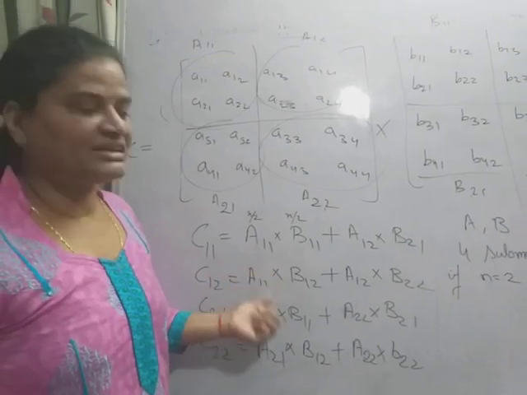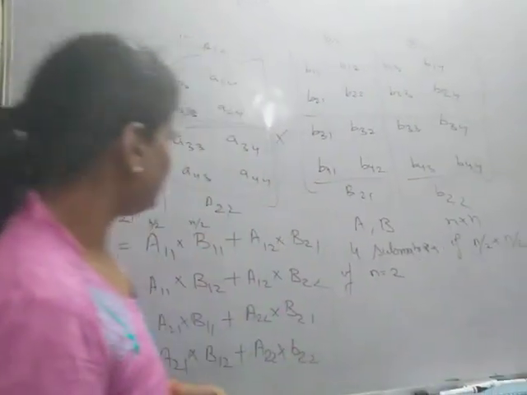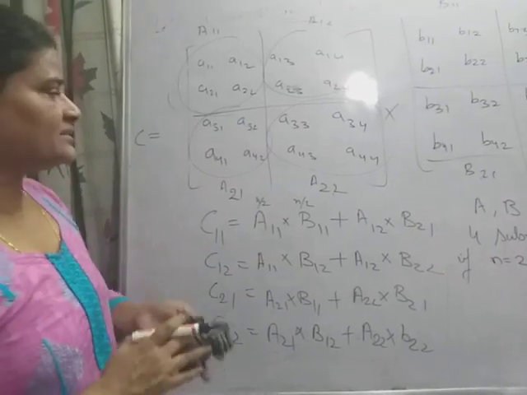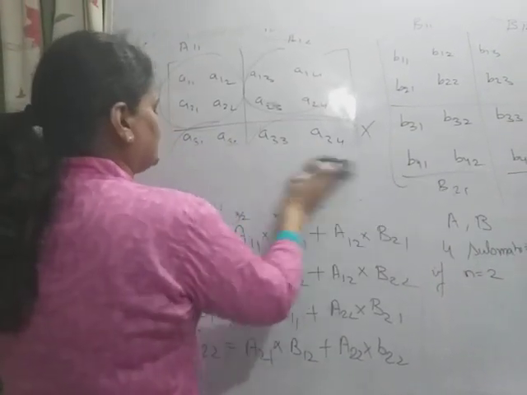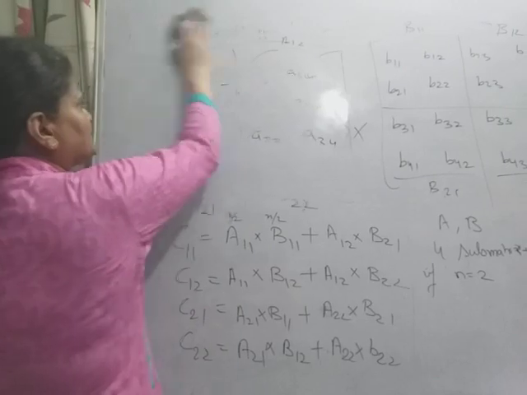So if we apply this, the recurrence relation for this simple divide and conquer approach gives the running time.